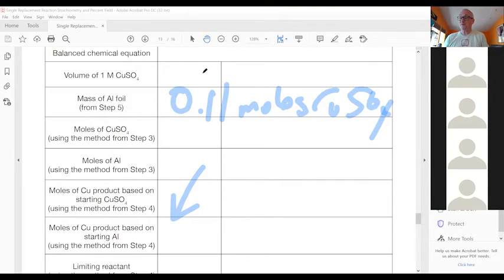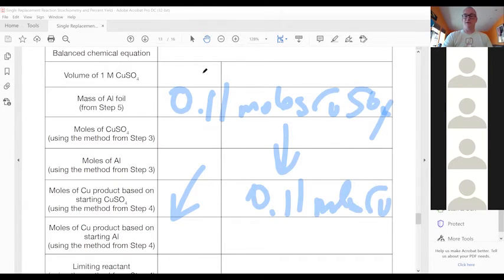Exactly. It's a pretty straightforward calculation to do, right? Because there's 1 mole of copper ions for every 1 mole of copper sulfate. So if it all turns into metal, you get 0.11 moles of copper solid.